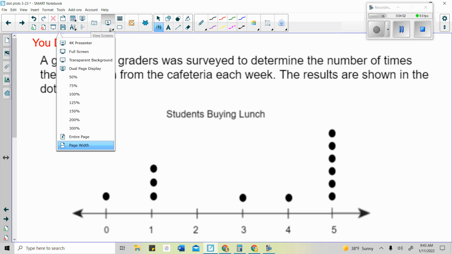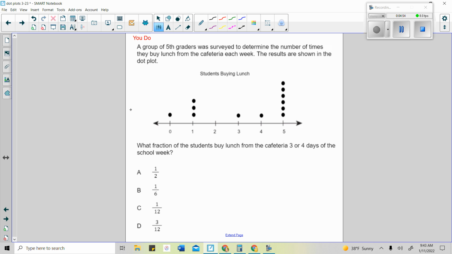So on this next problem, this is the you do. I want you to pause the video, do the entire problem by yourself, and see how you did. Okay, so a group of fifth graders was surveyed to determine the number of times they buy lunch from the cafeteria each week. The results are shown in the dot plot.